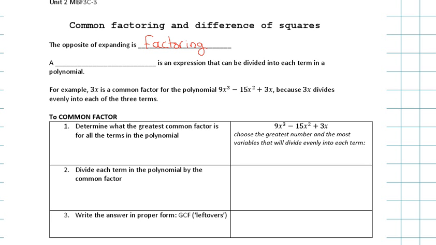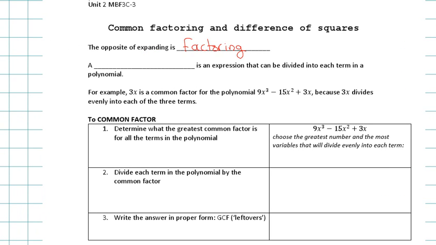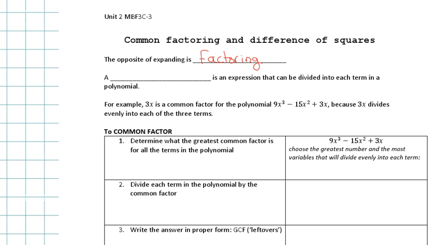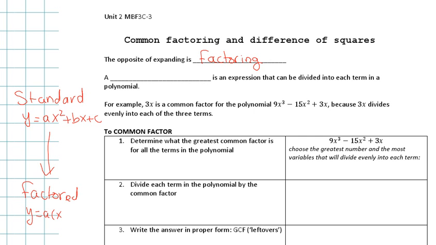So if you want to think about what factoring is, if you want to go from standard form, you guys remember standard form is y equals ax squared plus bx plus c, and then you want to go to factored form, which is y equals a(x minus r)(x minus s).